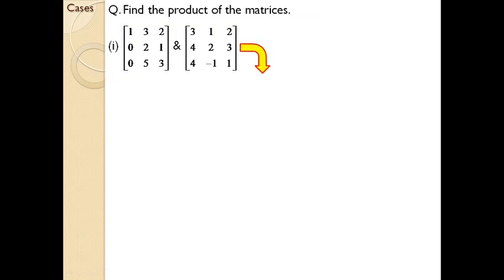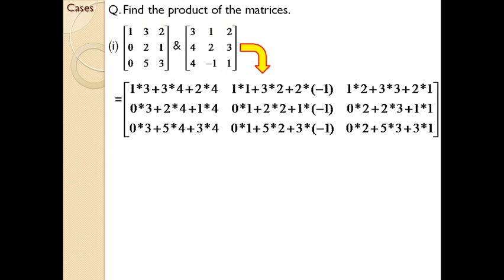So, as I have told earlier, whenever you are selecting an element of the first matrix, the row in which the element you have selected has to be multiplied with each column of the second matrix. You have to do the same process for all items. So, if you follow that rule, you will get a computation like this.